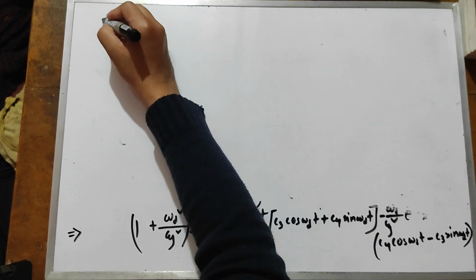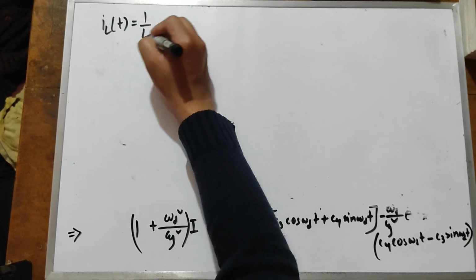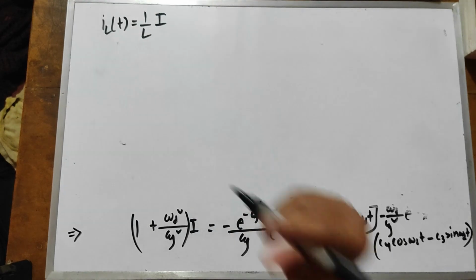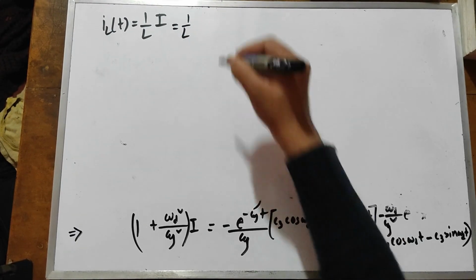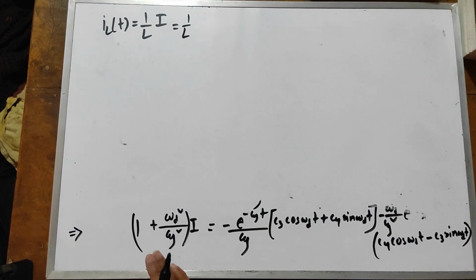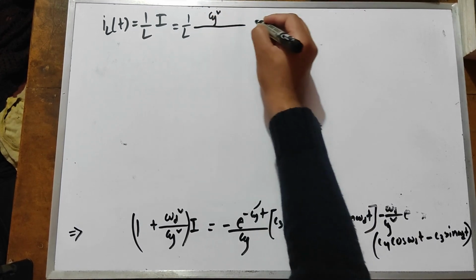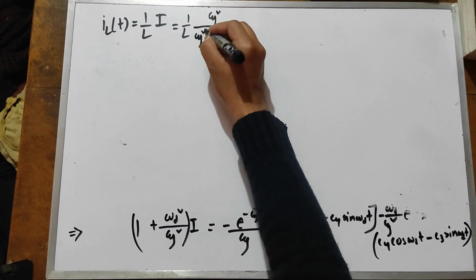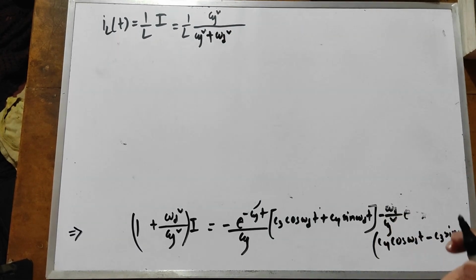Now, the current through the inductor is 1 by L times the integral I have assumed. If I take this term to the right hand side, it will look like psi, the damping factor, squared plus omega d squared.